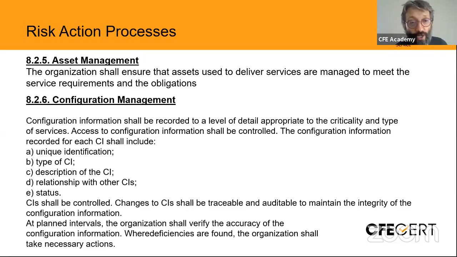And also you have to write down the relationship between the CIs. So you know what happens if one of your motorcycles runs out of fuel, because you made the relationship between CIs. If you run out of the CI fuel, your other CI, the motorcycle, will not be running, so you are not going to meet the expectation.